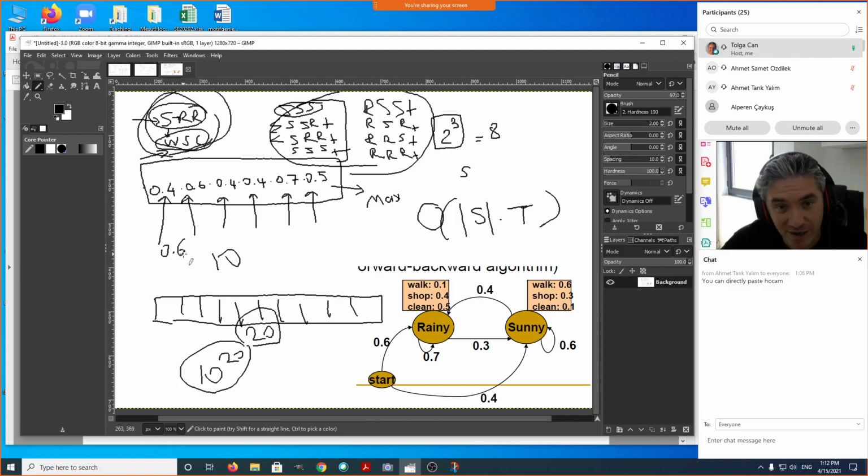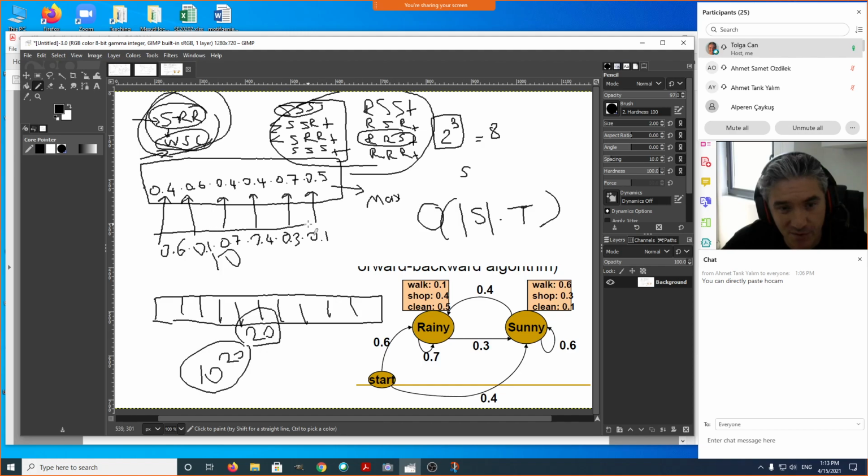What is this probability? 0.6, starting at a rainy day, and then walking in a rainy day is 0.1, but it's still non-zero. And then the second day is also rainy. So I'm currently trying to compute rainy, rainy, sunny: 0.6, 0.1, 0.7, and shopping in a rainy day, 0.4, and going to a sunny day, 0.3, cleaning in a sunny day, 0.1.